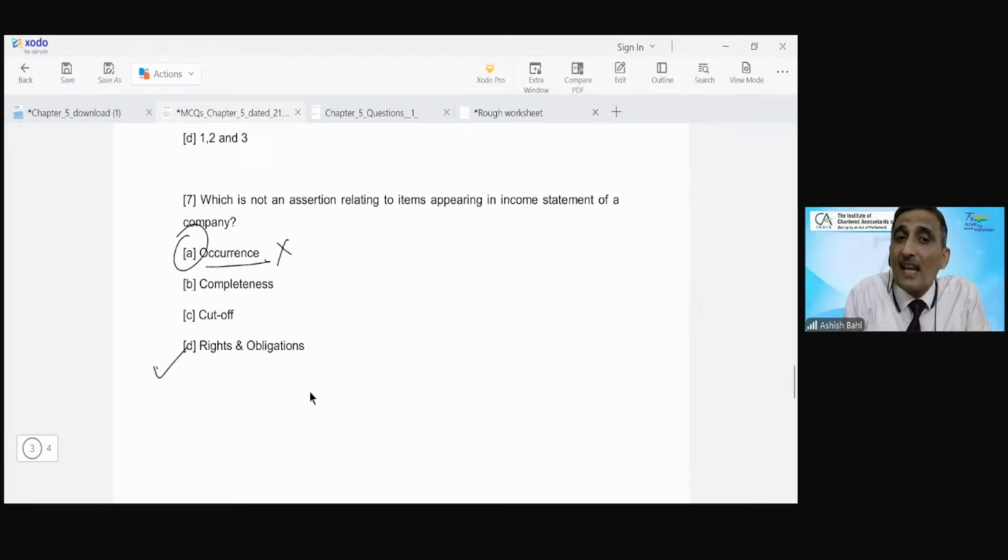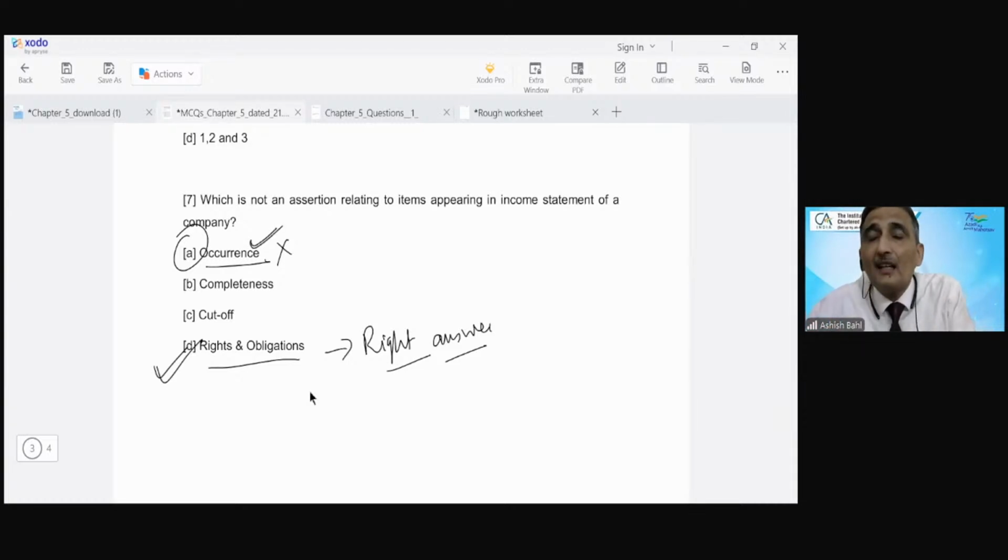The right option is D. The auditor checks whether the different items stated in the income statement, means statement of profit and loss, whether sales have taken place or not, whether purchases have taken place or not, whether these belong to the entity. These are all occurrence assertions. So the answer was D. Yes, now you are stating correctly.